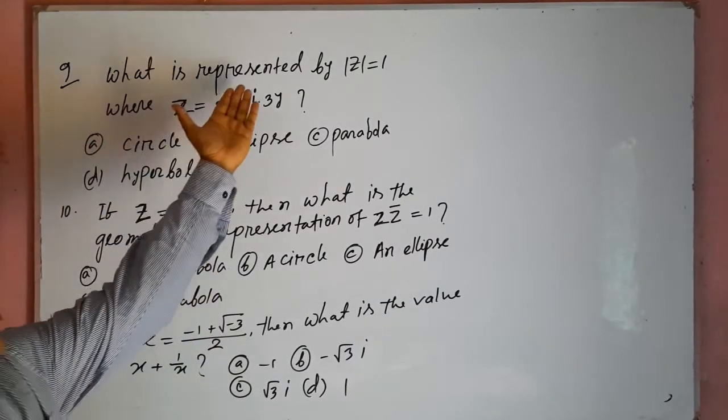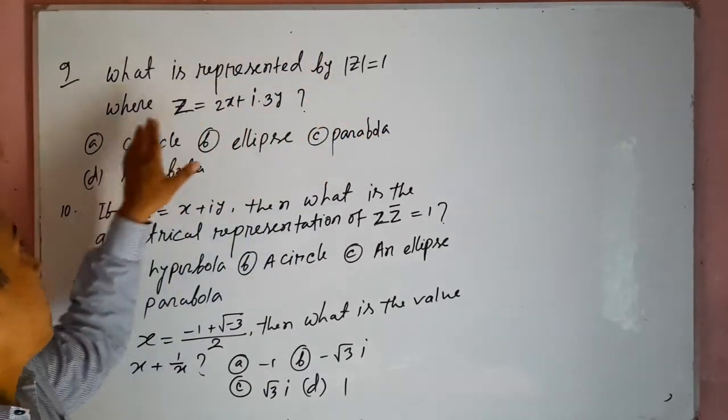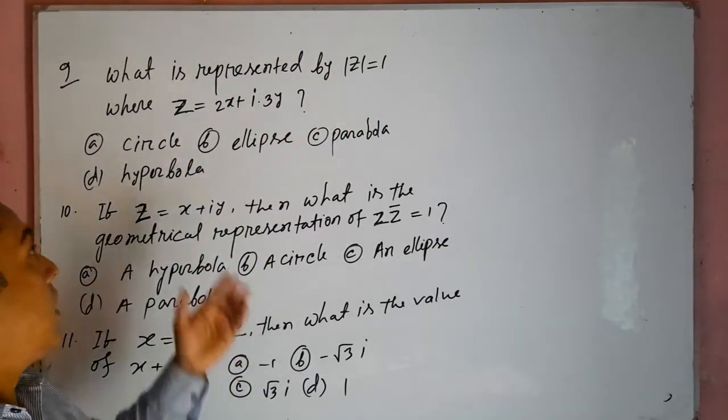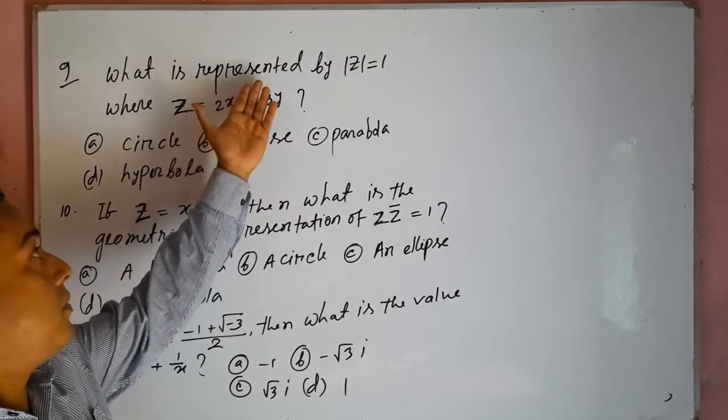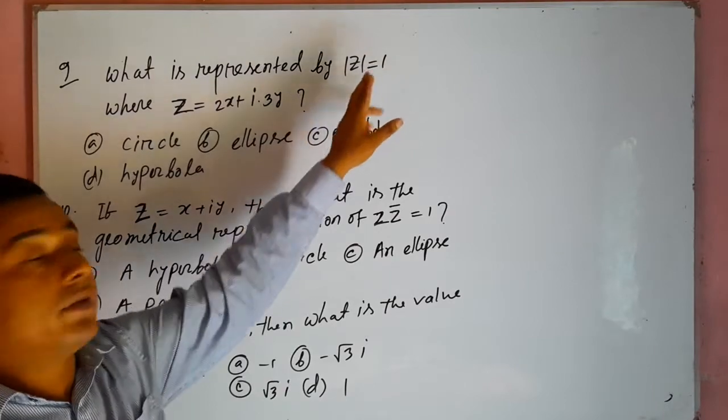Now question number 9. What is represented by modulus of z is equal to 1, and what type of geometrical shape is given by this complex equation?